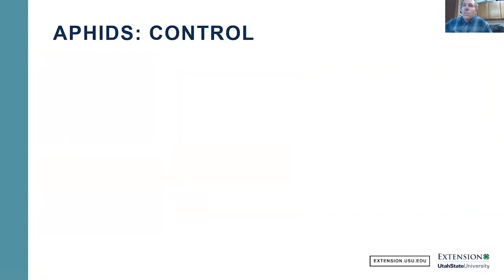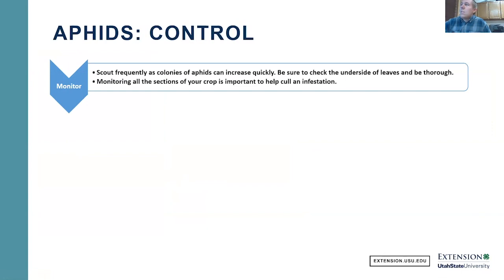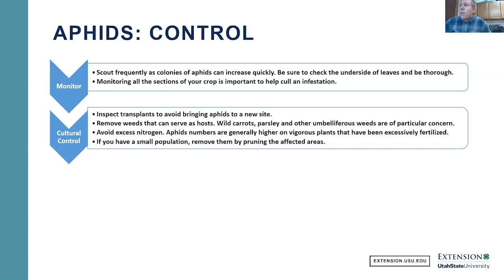And then a couple ways to control aphids. I mentioned scouting frequently is going to be really important, and their numbers can increase really, really quickly. So when you're scouting, you want to make sure to be thorough. Flip over the leaves, take a look on the underside, and then monitor all the sections of your crops to make sure that you're not missing any, because if you miss a small colony of them, their numbers are going to boom quick.